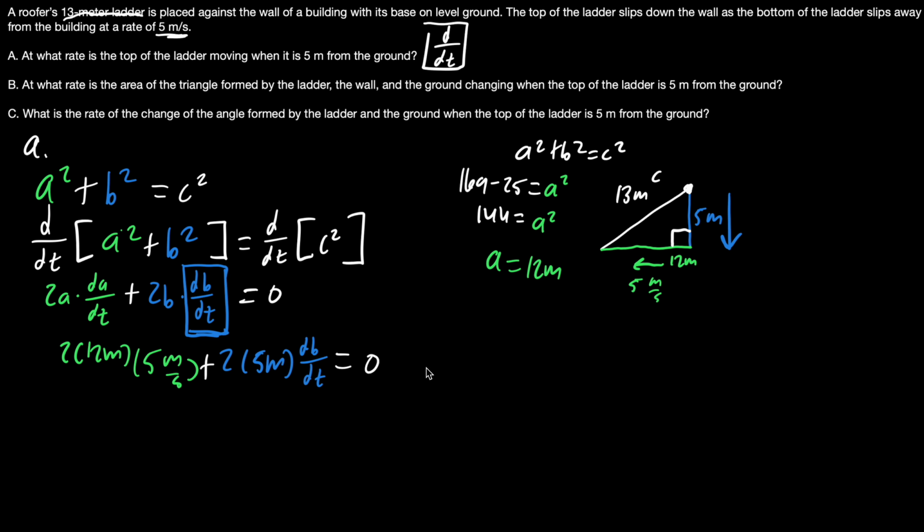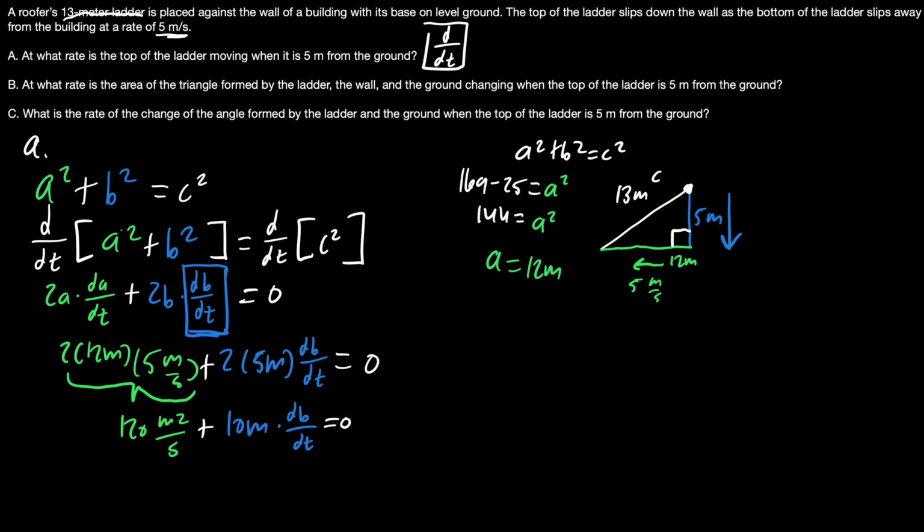And then we can just do some simple algebra. So we can simplify this first. This is going to be 120 square meters a second plus 10 meters times the derivative of B with respect to time. That's going to equal 0.